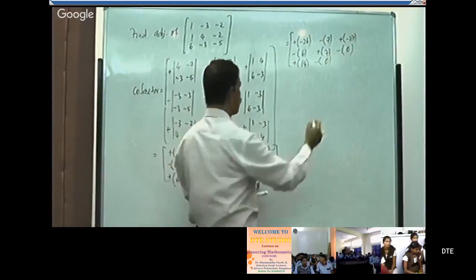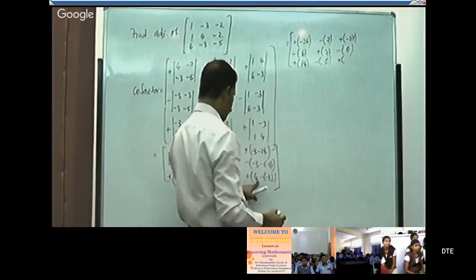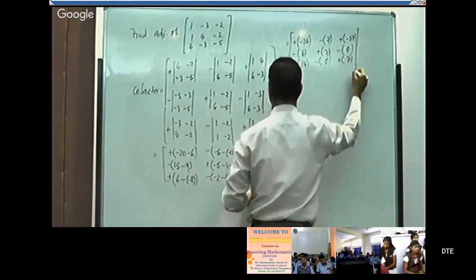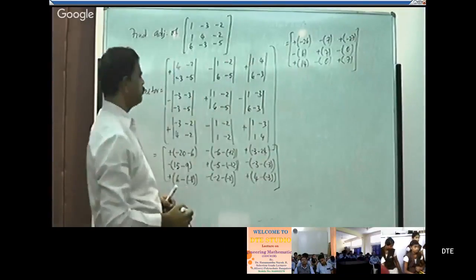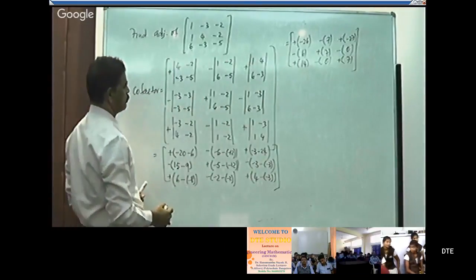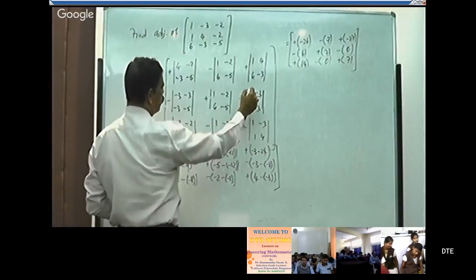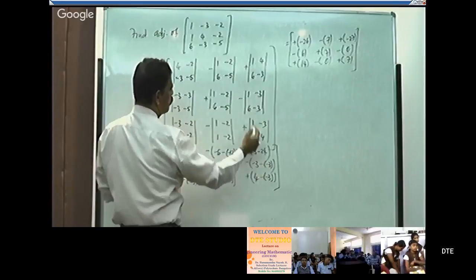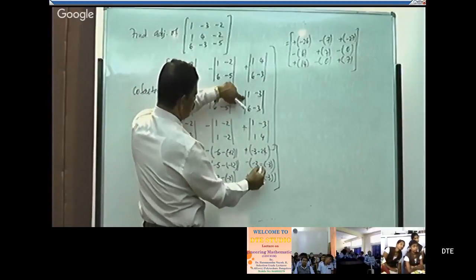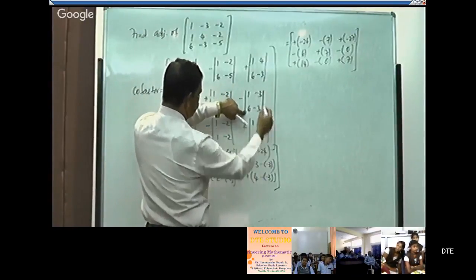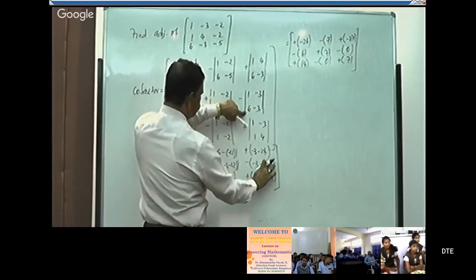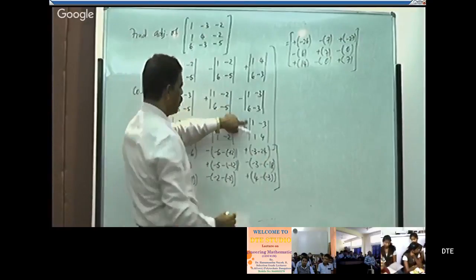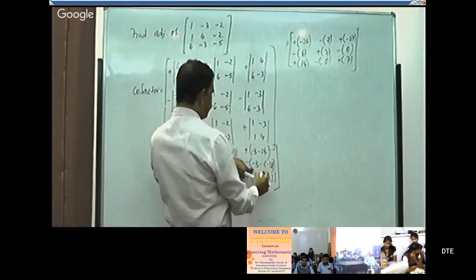Here plus of 4, minus into minus plus 3, it is 7. So I think this value is 1 into minus 1. 1 into minus 3, minus 6 into minus 3, it is minus 18. Minus into minus plus 18.